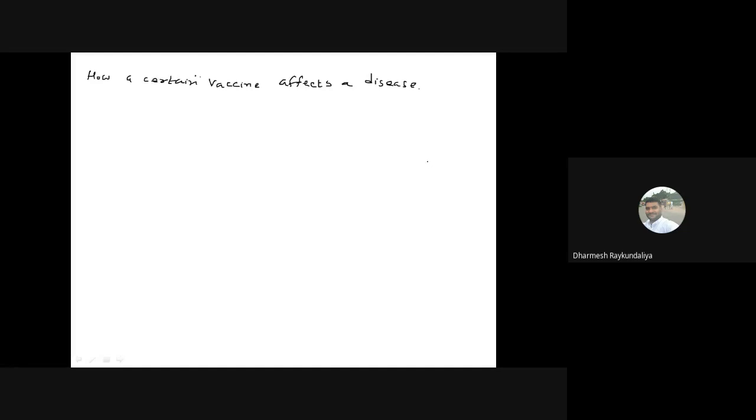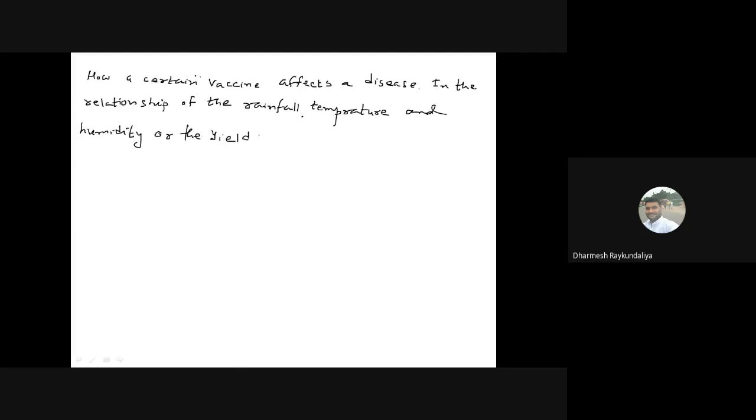So these are all the questions we have and we wish to identify the relation among all these variables. Another example is the relationship of rainfall, temperature and humidity, or the yield of a variety of wheat.